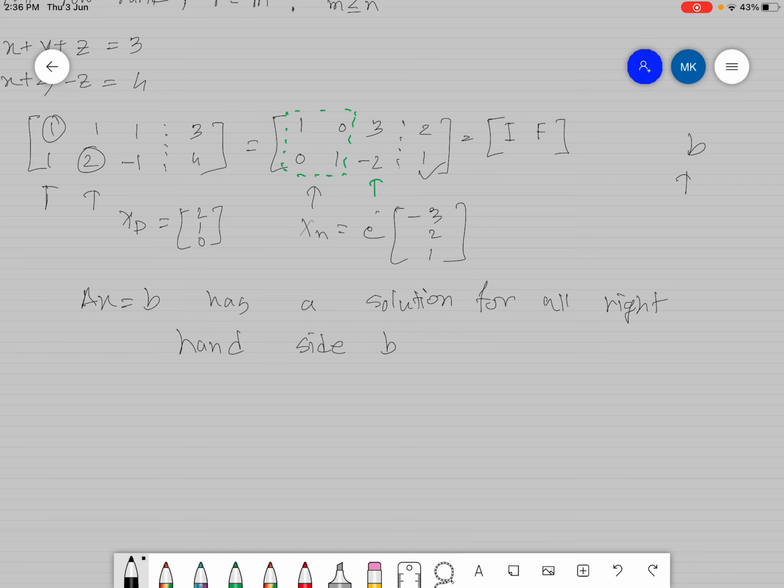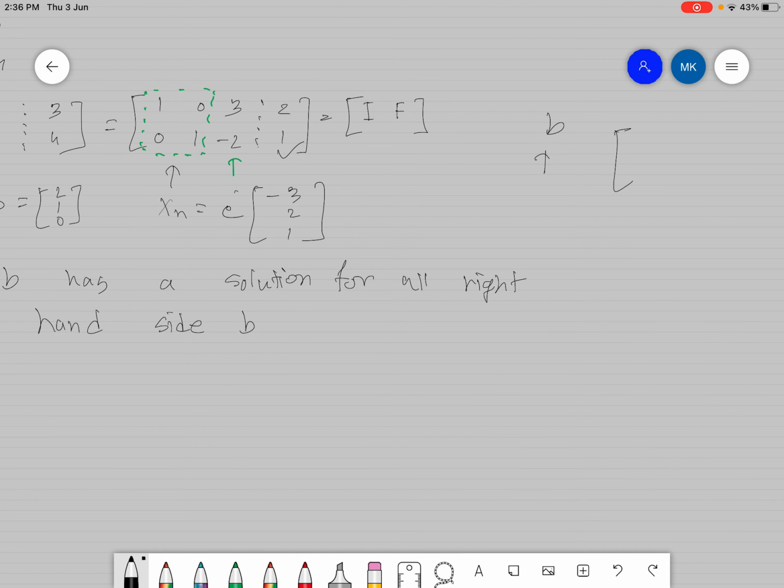Let's say you have anything like 5 6 or 9 10, then these entries will not have to depend on each other.